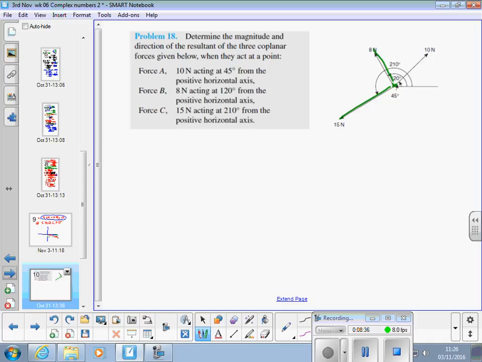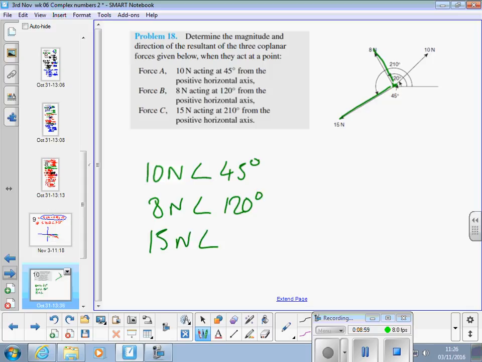So all we've got to do is add 3 polar complex numbers together: 10 newtons at angle 45 degrees, 8 newtons at angle 120 degrees, 15 newtons at angle 210 degrees. Notice we've got no negative magnitude this time, so we're not going to come up against any kind of calculator errors.